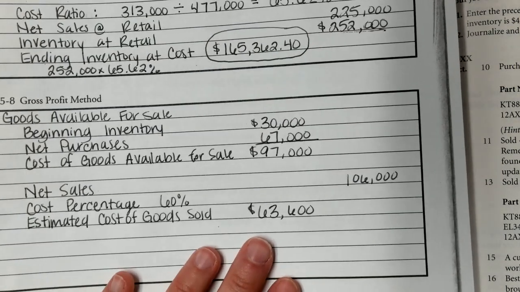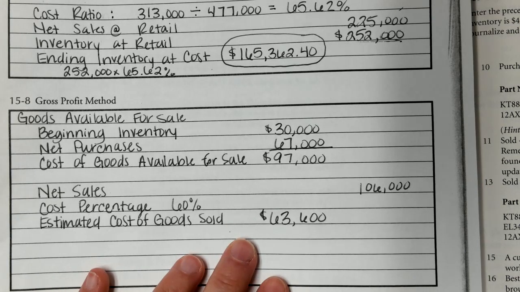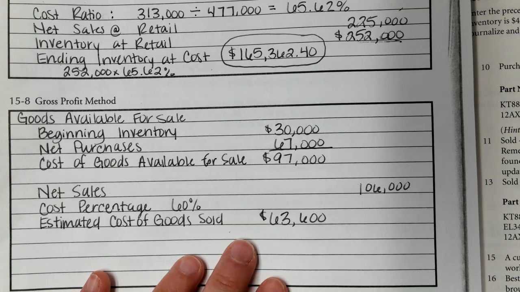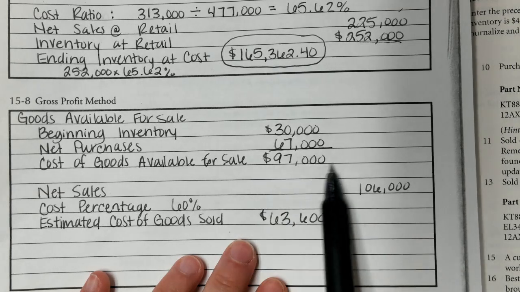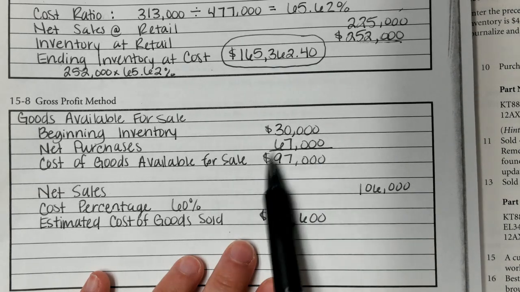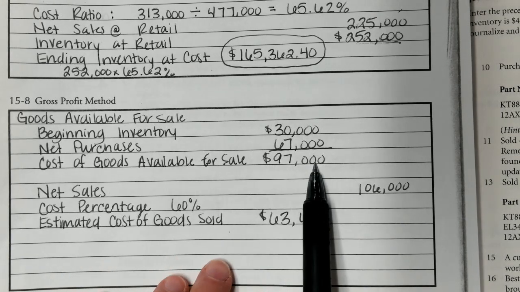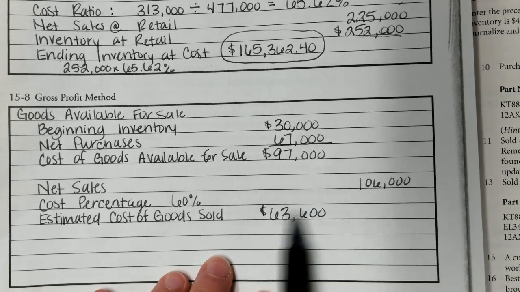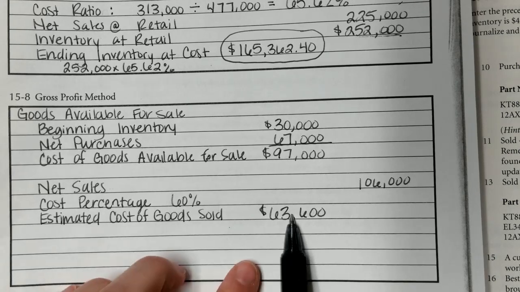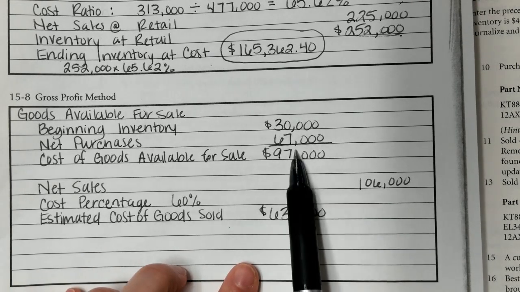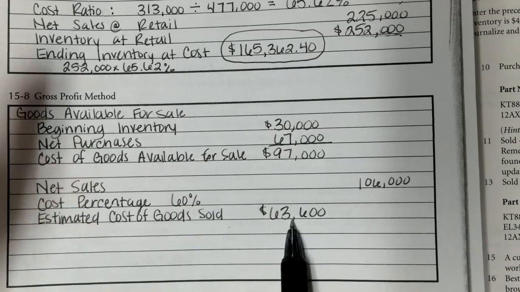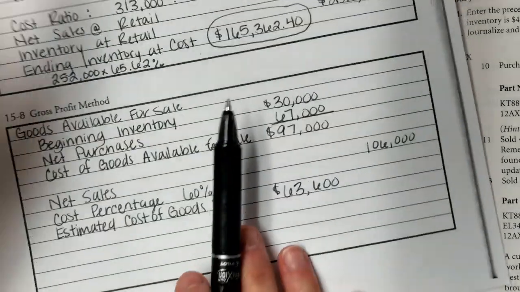We're not done yet, right? Because we need to find our estimated inventory cost. So, if we started with $97,000 worth of inventory available for sale, and we sold at cost to the company $63,600 worth, we would subtract these two to find our ending inventory at cost.